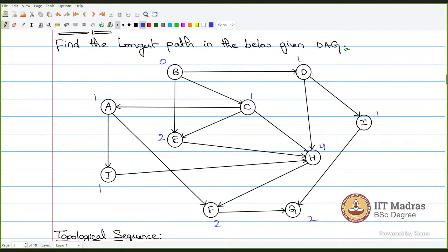So we have computed the in degrees. Also, you initialize the longest path to 0 for everything.